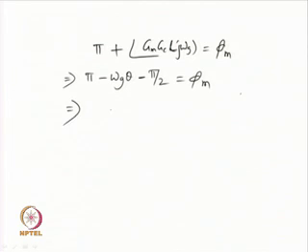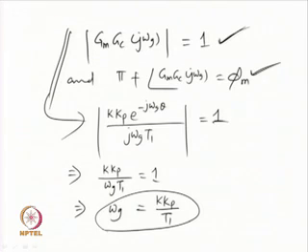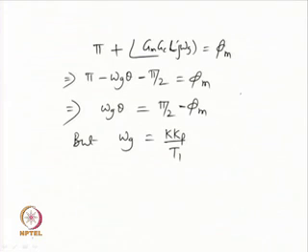which implies omega g theta is equal to pi by 2 minus phi m. But omega g is found to be K Kp by T1. Please see, we have already found omega g is equal to K Kp by T1.